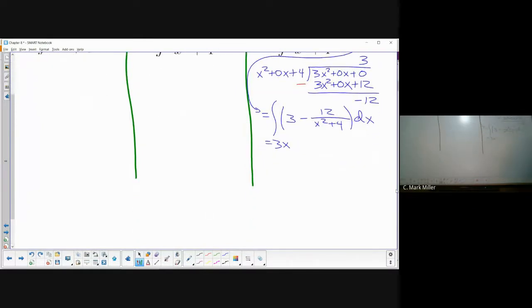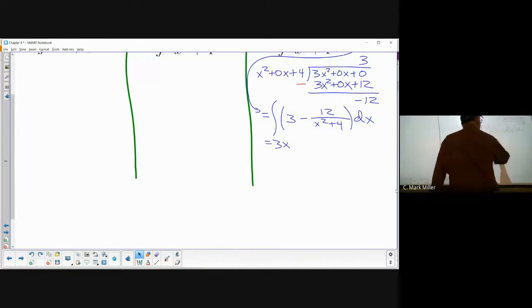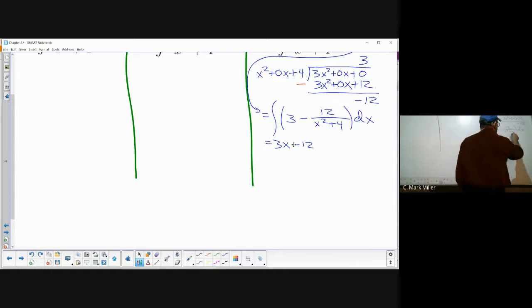So this is going to be, put a minus 12 up front. A is 2. U is x.